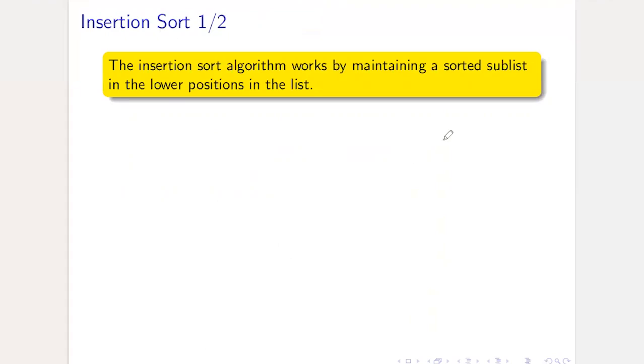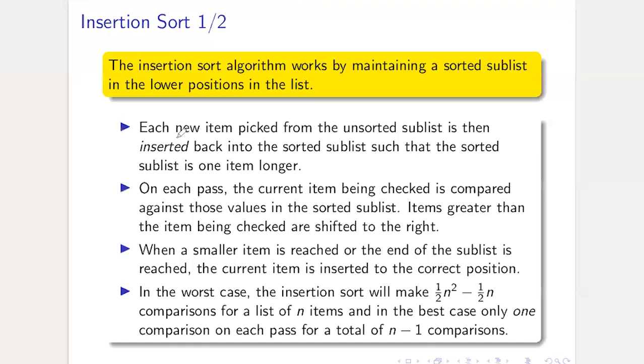Next, we want to look at the insertion sort algorithm. The way it works is it keeps a sorted sublist in the lower part of the list. Think of the situation where you have an unsorted list, and you start sorting it by making sure the lower part is sorted.